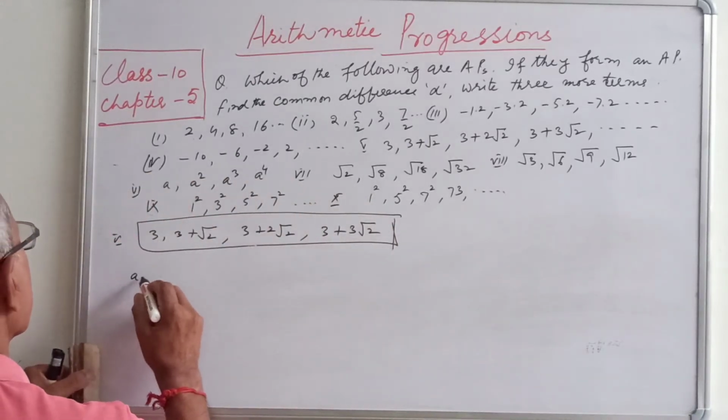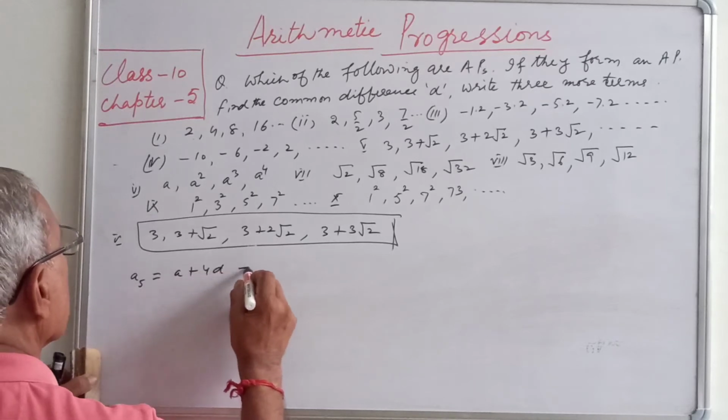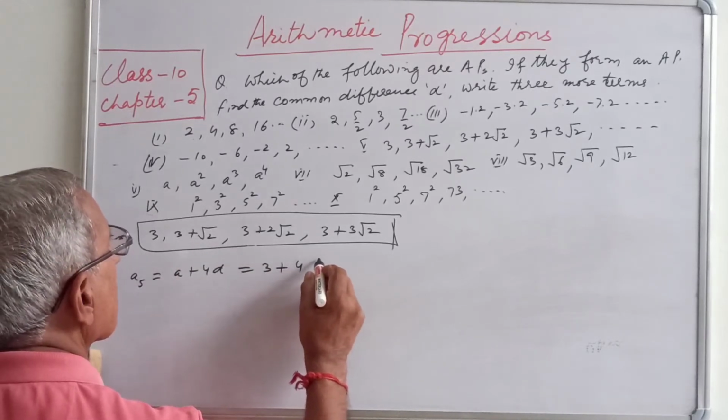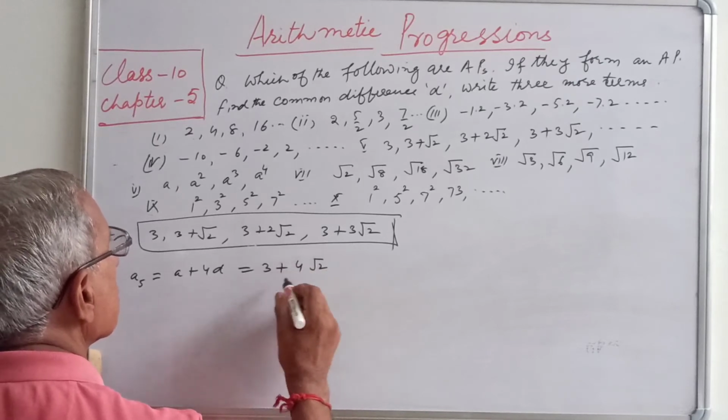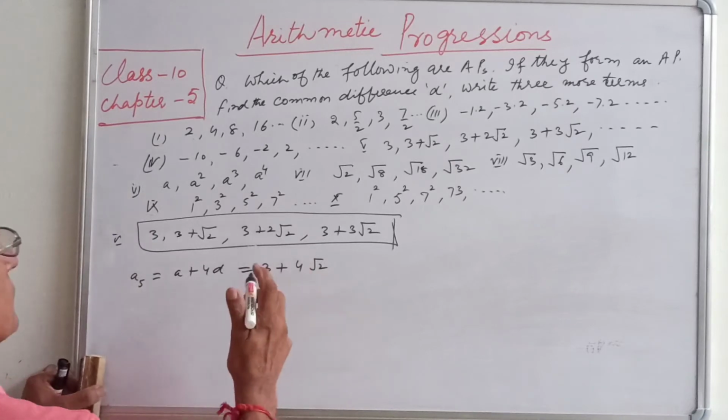So A5 is A plus 4D, where A is 3, so 3 plus 4 under root 2, since D is root 2.